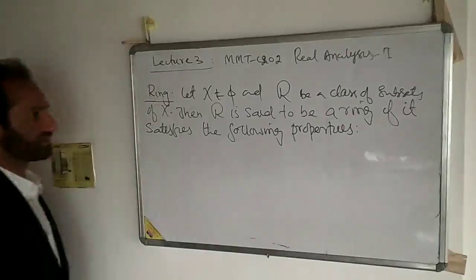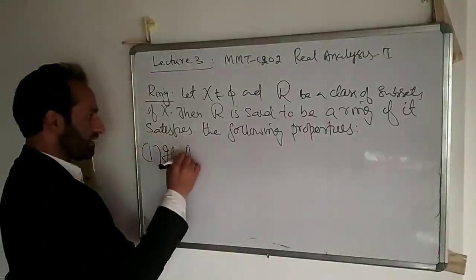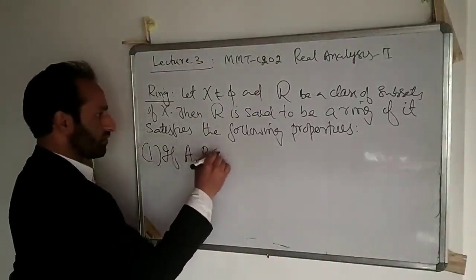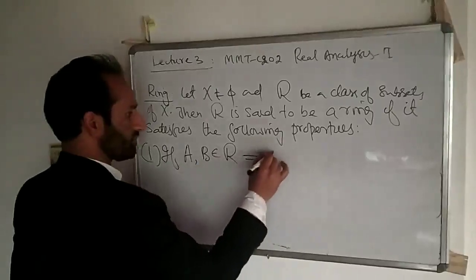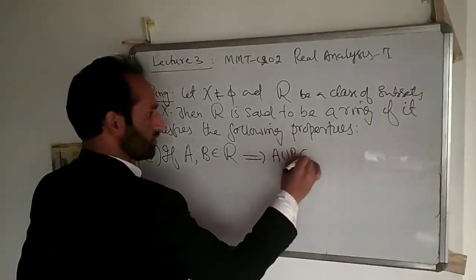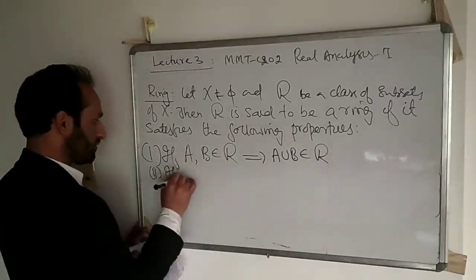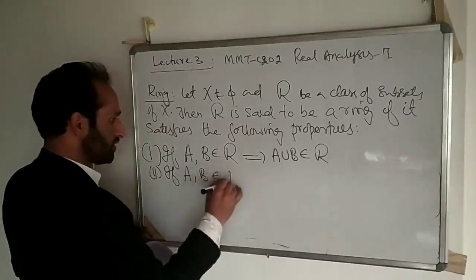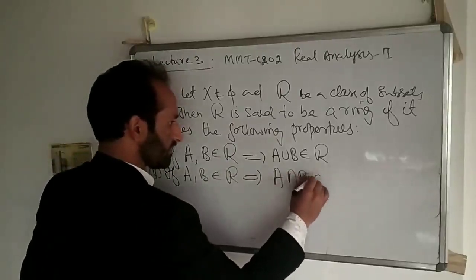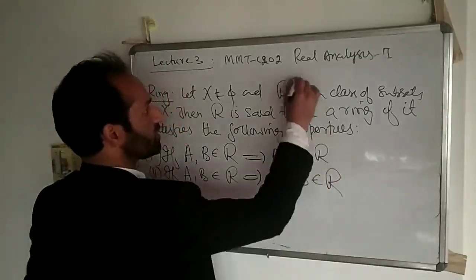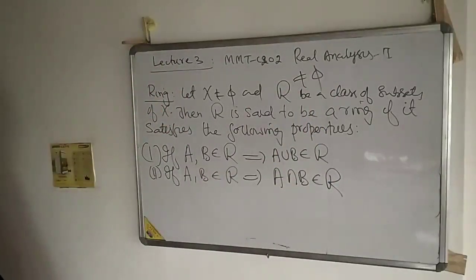First property, if A, B belong to R, then A union B belongs to R. And the second property, if A, B belong to R, then A minus B belongs to R. This R should be a non-empty class. That's the definition of a ring.